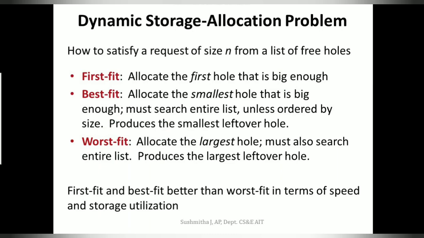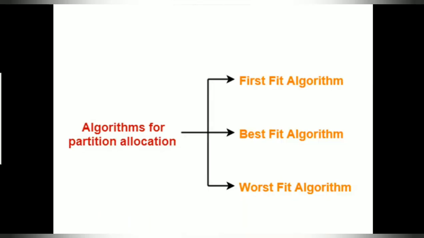So we have three strategies, that is first fit, best fit and worst fit. Now how does each of them work and how are we going to actually allocate the process into the hole is what we'll address.